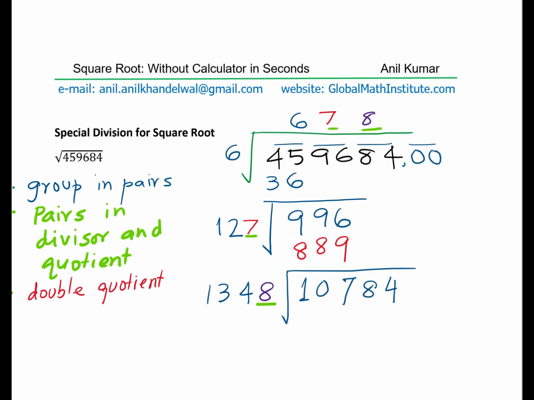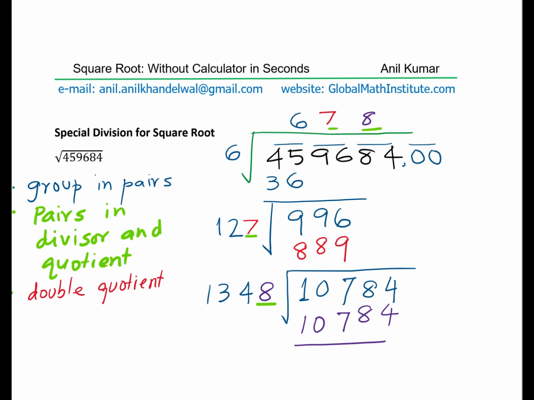So now let's multiply by number 8. 8 times 8 is 64, so we get 4, 6 carry. 8 times 4 is 32, 32 and 6 is 38, so we have 3 there. 8 times 3 is 24 and 3 is 27, 2 to be added to 8, we get 10.